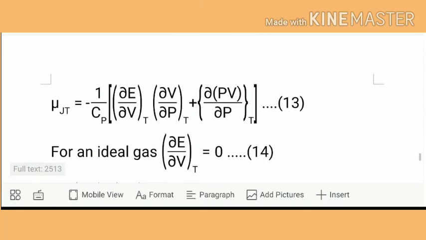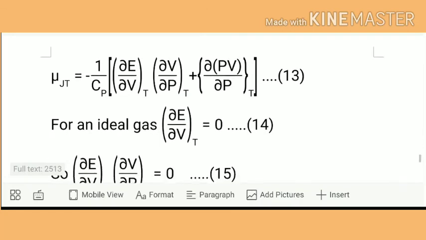For an ideal case, you know that E is only a function of temperature. Internal energy is a function of only temperature. It doesn't depend on volume. So the differentiation of internal energy with respect to V is 0 for the ideal case.